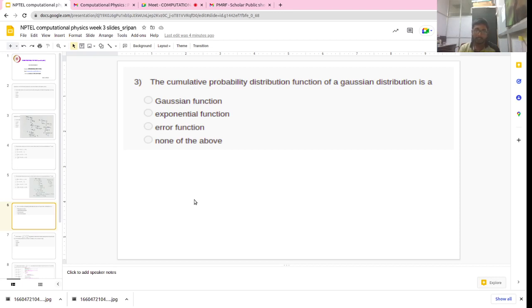Anyone? Archana, can you tell us which will be the answer for this question? I think it will be a Gaussian function.